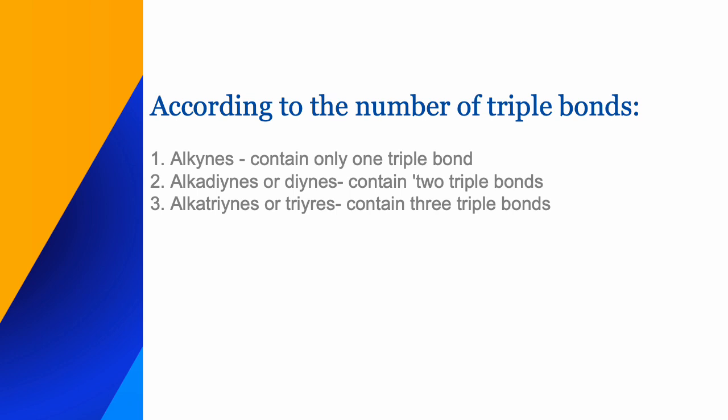For the alkynes, we only have one triple bond present in the molecule, for alkadiynes, we have two triple bonds, and for the alkatriynes, we have three triple bonds.